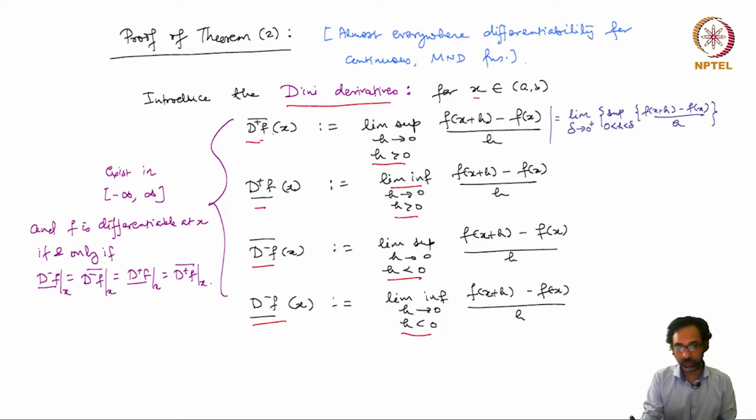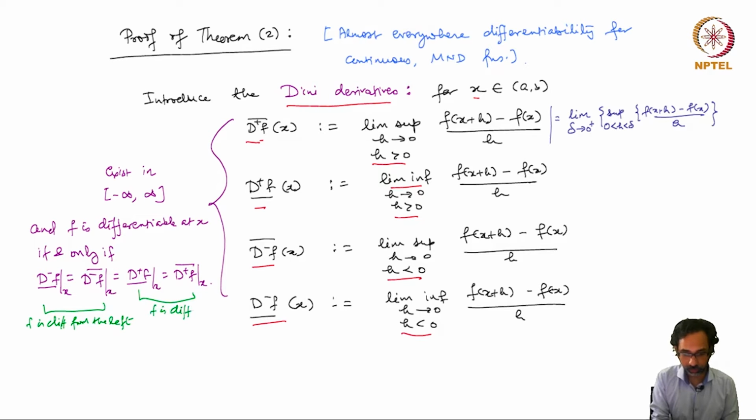If only the plus ones coincide, then f is differentiable from the right, and if only the minus ones coincide, then f is differentiable from the left.